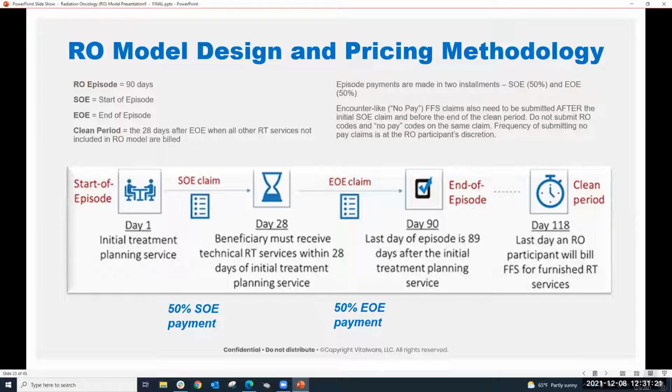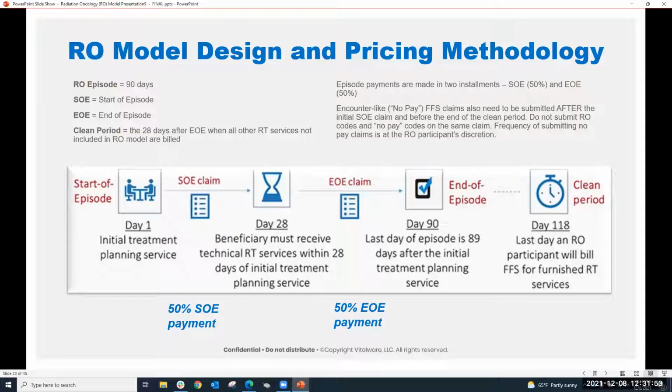So you can submit that claim, and then by days 90 through day 118, that's considered the clean period, and that's when they give you time to submit all your fee-for-service items that were not included in the RO model. So that would be, if you haven't submitted your E&M level yet, your brachytherapy, your pharmaceuticals, that would all be done during that time if you haven't already done it.